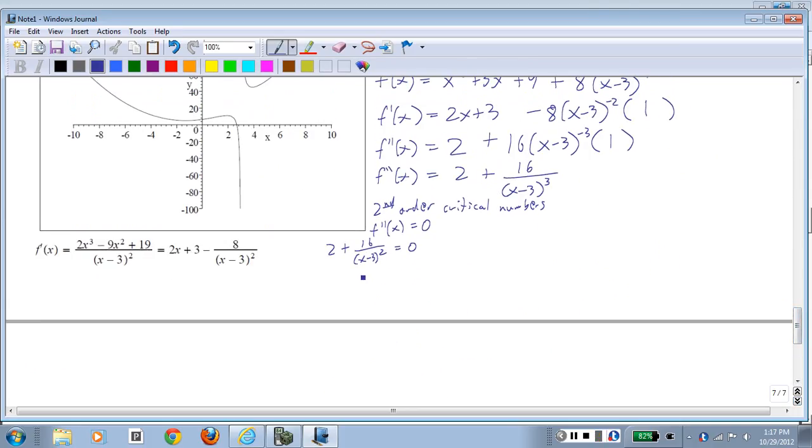So that'll be where 16 over x minus 3 quantity squared equals negative 2. Shouldn't be quantity cubed. Thank you. Is it? Yes, absolutely. Thank you. Sorry about that. There.